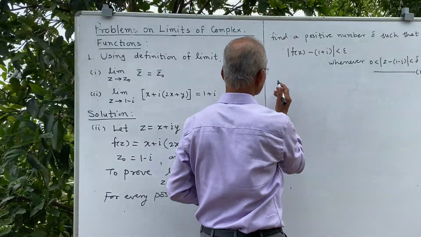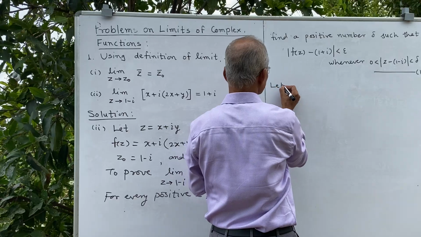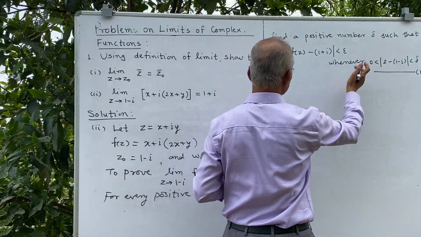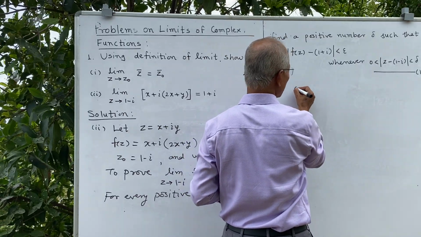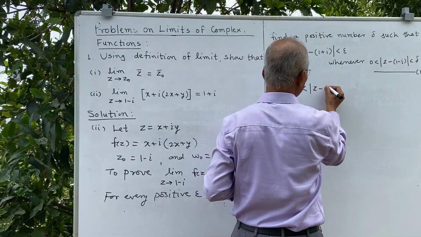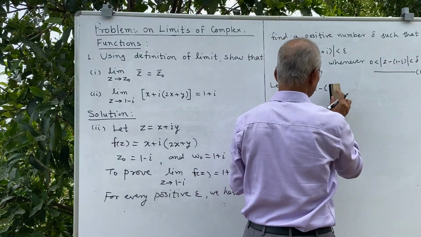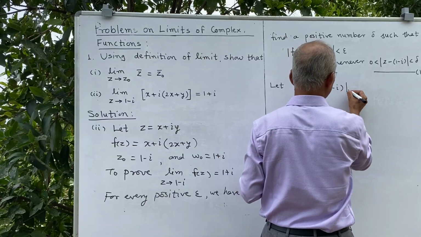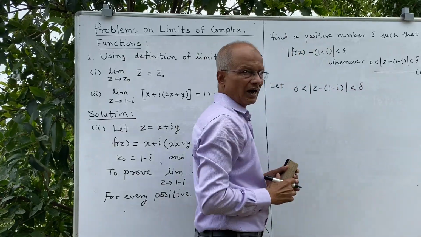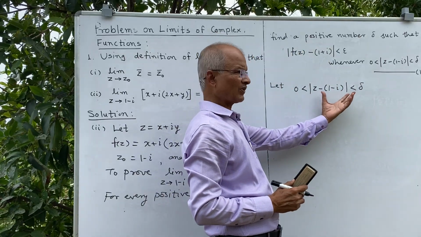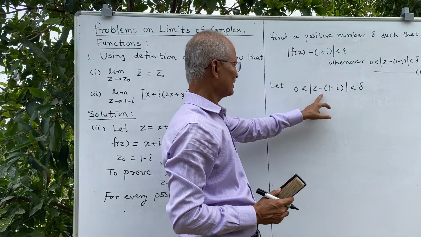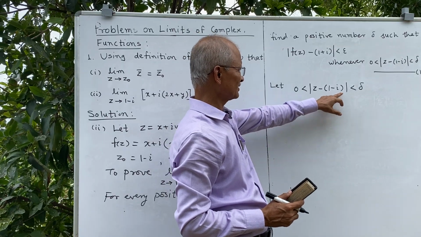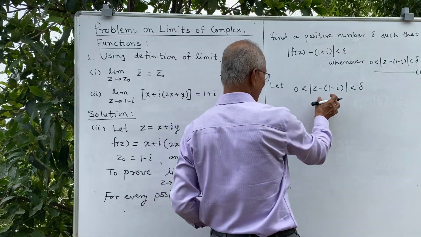Let 0 be less than mod z minus 1 minus i less than delta, and we shall consider the right side inequality, that is mod z minus 1 minus i. This we shall simplify.